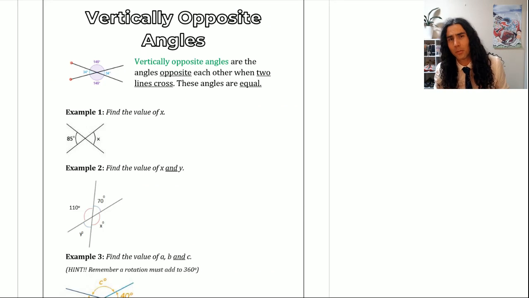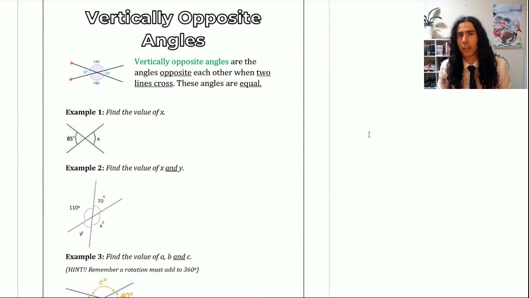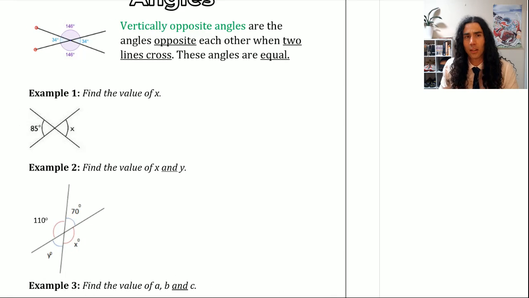Now this one, vertically opposite angles. Sorry, I already scrolled down. I was up here. I scrolled down, vertically opposite angles. We don't even need to add or subtract here. Here's the trick. The opposites are equal to each other. So I'll just zoom in so you can see that real clearly, because that's a pretty small diagram they got there. On the top left here, that's 34 on the left, 34 on the right.